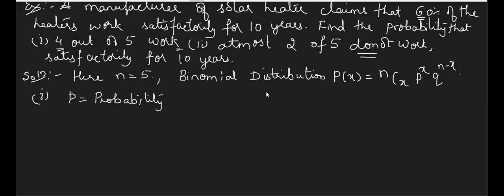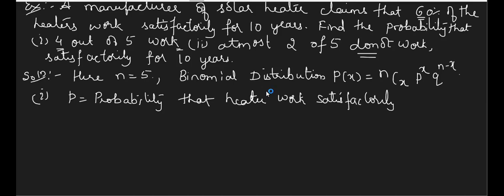So p, for the first condition, is the probability that the heater works satisfactorily. What they have given is that the heater will work satisfactorily for 60%. So how to take this 60%? 60 by 100.